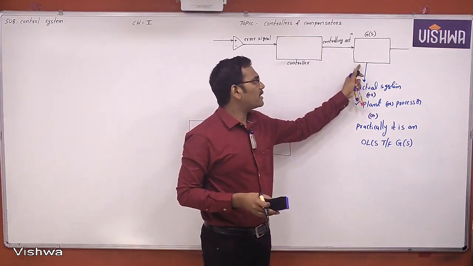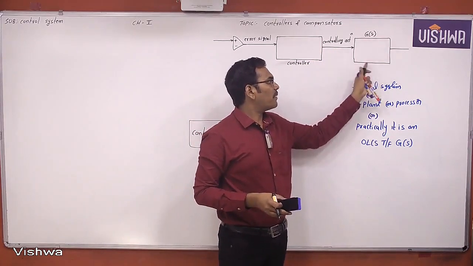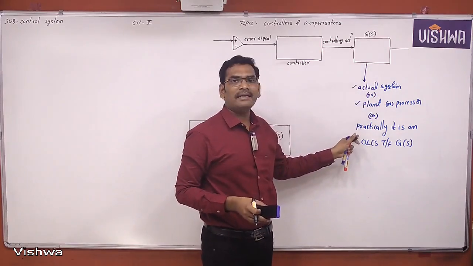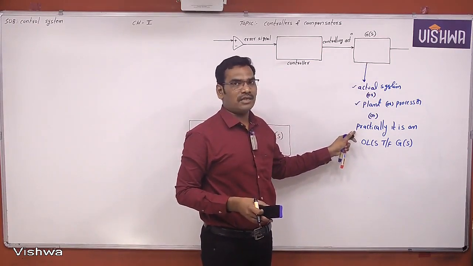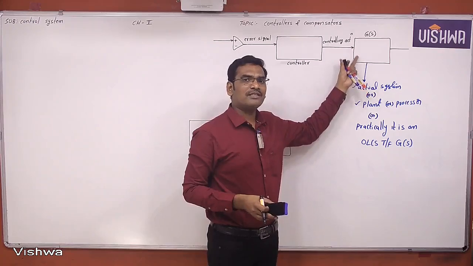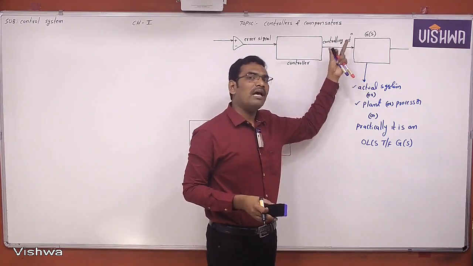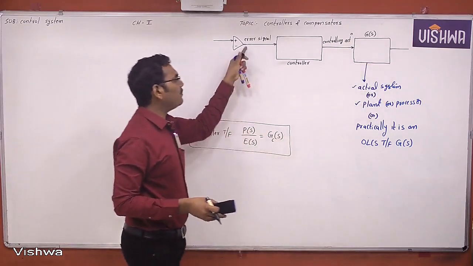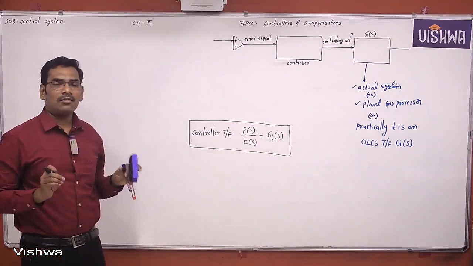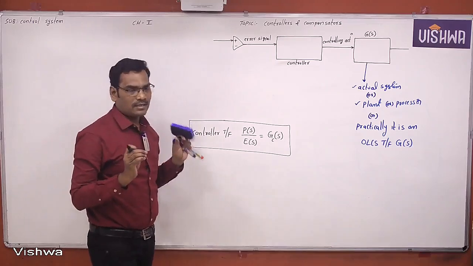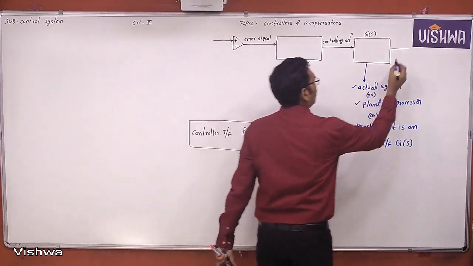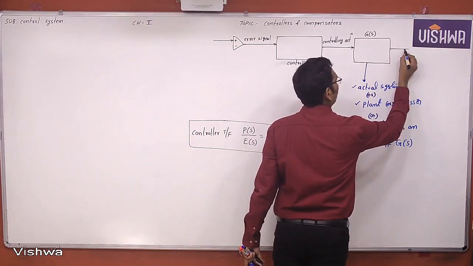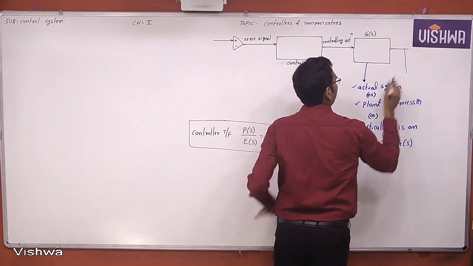This controlling action goes and operates on this particular plant such that the plant performance is improved. Once the plant performance is improved, you connect it to the feedback and it is converted to the closed loop control system. Once again I repeat: the plant is practically an open loop transfer function, and after improving its performance and connecting the feedback, it becomes the closed loop control system transfer function.